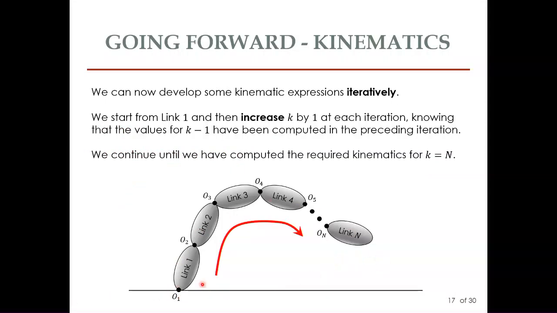What we will do in this: we need to find this now, this and this, right? We need to find these values. So say for some link K, what is P?